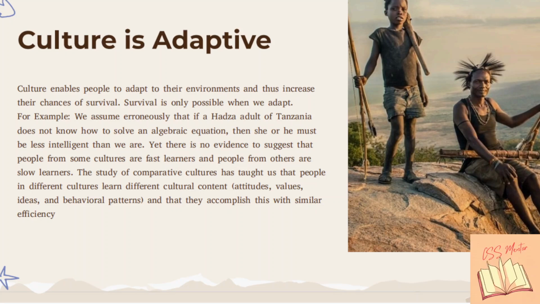So the traditional Hadza hunter has not learned algebra because such knowledge would not particularly enhance his adaptation to life in the East. So this also means that we should not judge other cultures based on what is true for us and what is false for them.